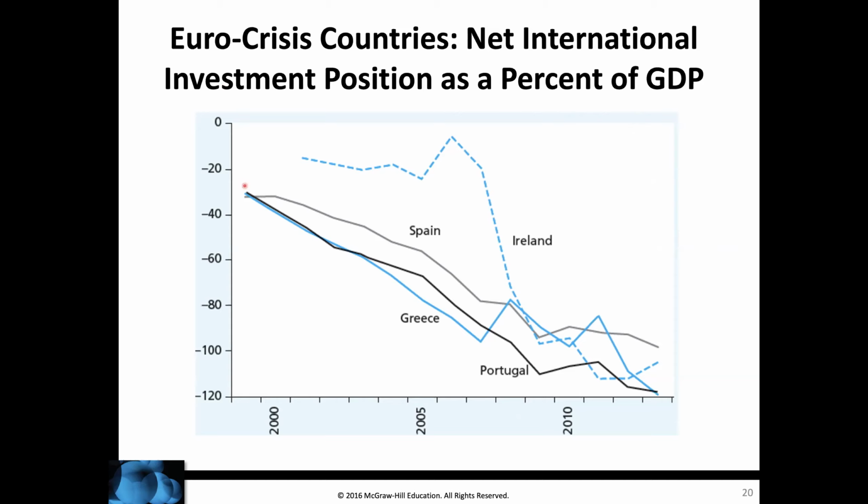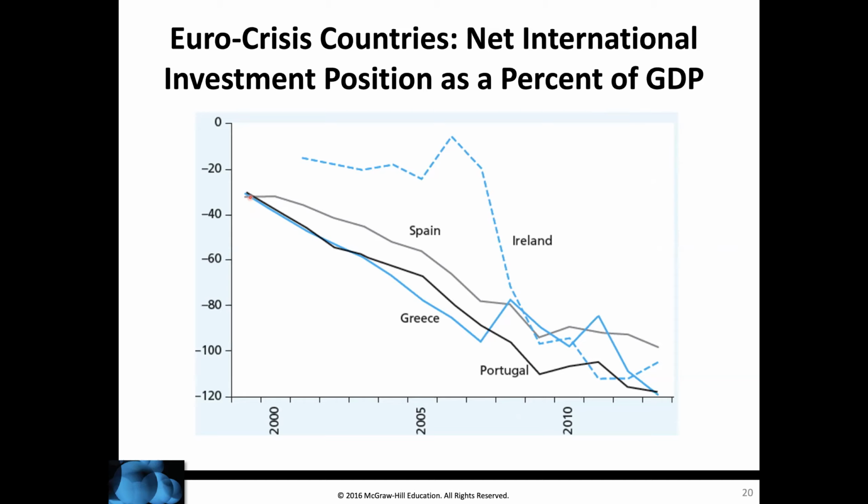So they were borrowers in general, but it was moderate. It was not out of hand at that point. So they had a negative net international investment position because they were debtors rather than investors. And it equaled about 30% of their GDP.